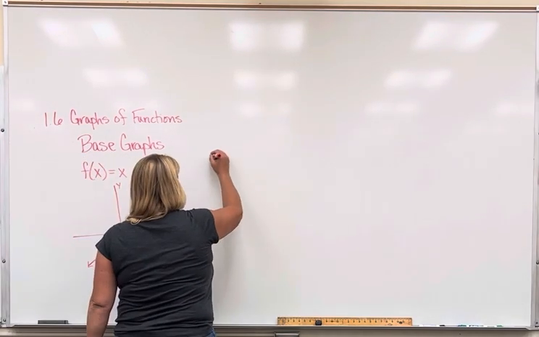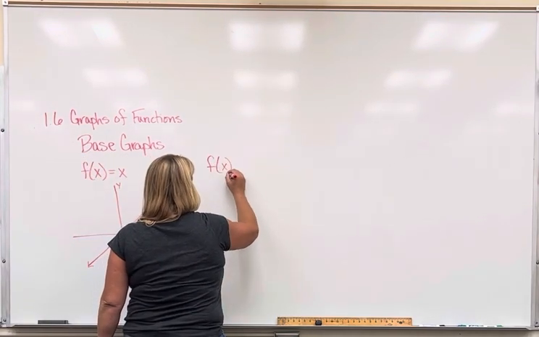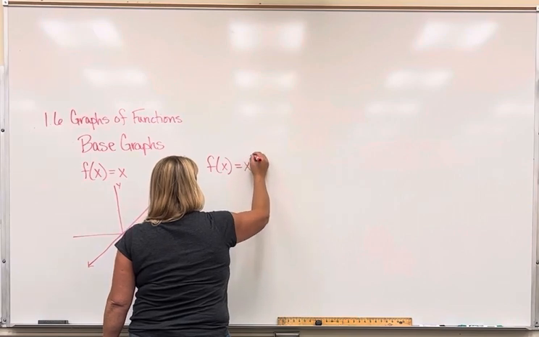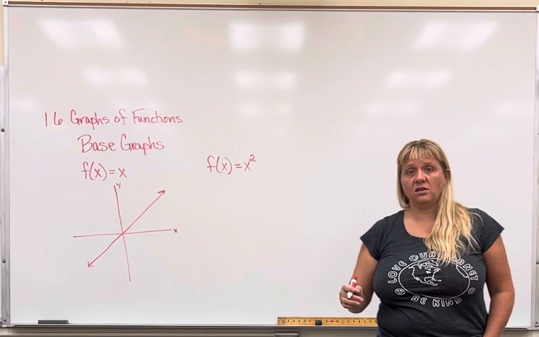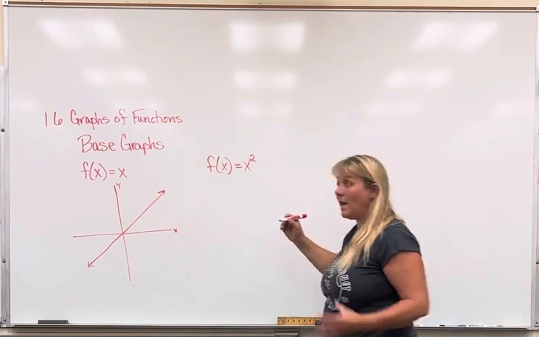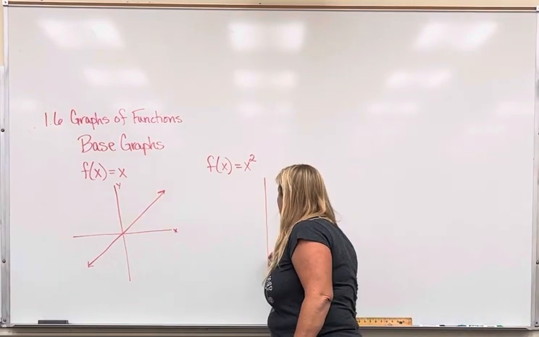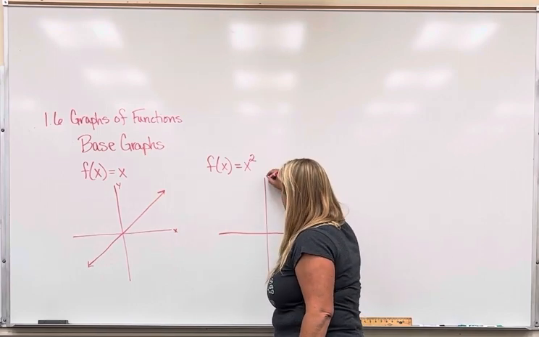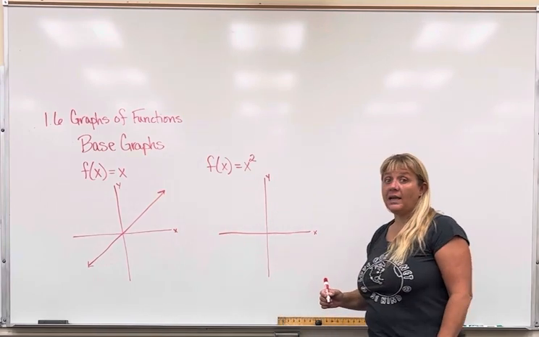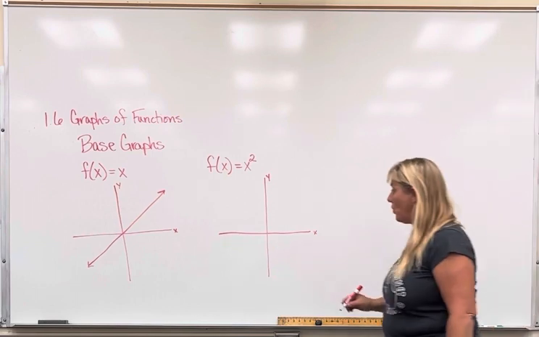The second one, we're going to bump right up. We're going to see f of x is equal to x squared. Now again, depending on how many algebra classes you've taken to this point, this one might already be in your brain. Whenever you see x squared, this guy is going to be your basic parabola.